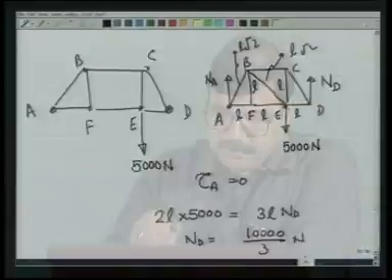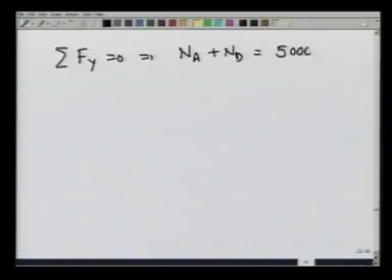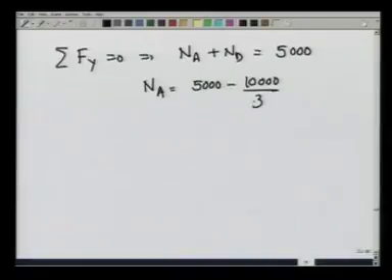Once I know ND, then summation Fy equal to 0 gives me NA plus ND is equal to 5000, and this gives me NA to be 5000 minus 10,000 over 3, which gives me 5000 over 3 newtons.